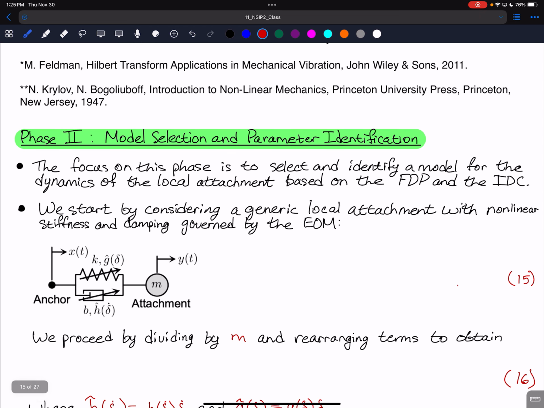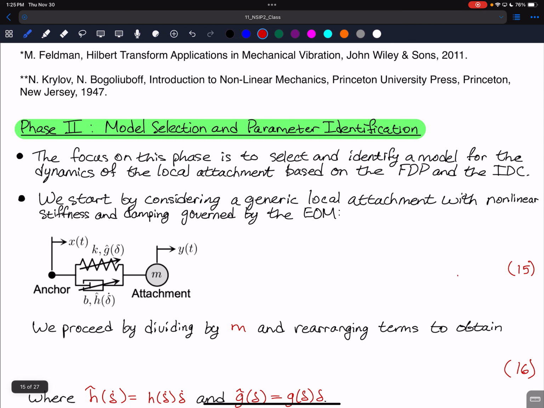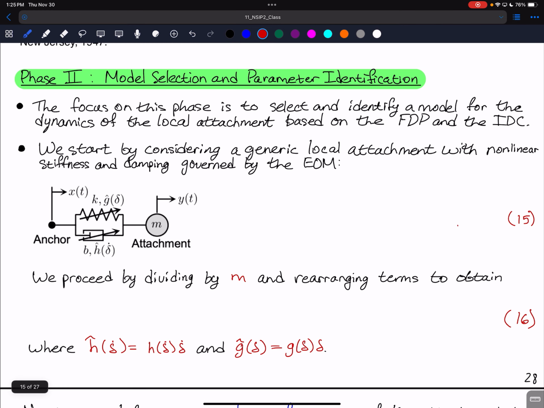All right, so we're going to consider just a generic attachment with the following equation. We'll say m times y double dot plus b times delta dot plus h hat of delta dot plus k times delta plus g hat of delta, and this is all equal to 0.